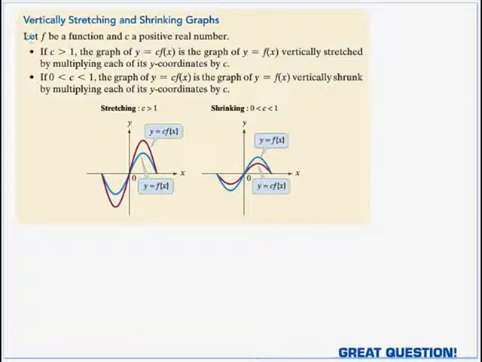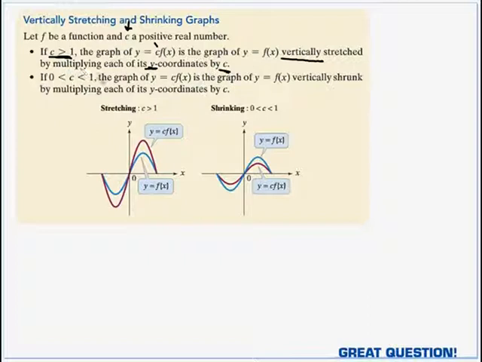So here in the book, the definition of stretching and shrinking graphs: let f be a function and c is just some positive real number. If that positive real number is greater than 1, if it is not a fraction, the graph of y equals c times f of x is the graph of y equals f of x vertically stretched by multiplying each of its y coordinates by c.